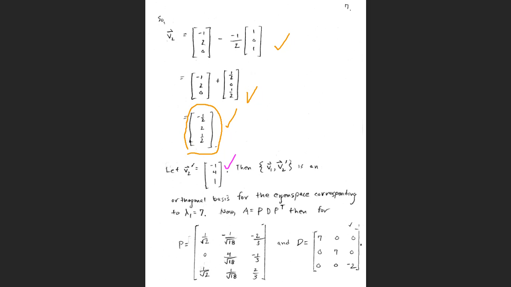Now, I'm calling it V2 prime. So vectors V1, V2 prime form an orthogonal basis for that eigenspace corresponding to lambda 1 equals 7.